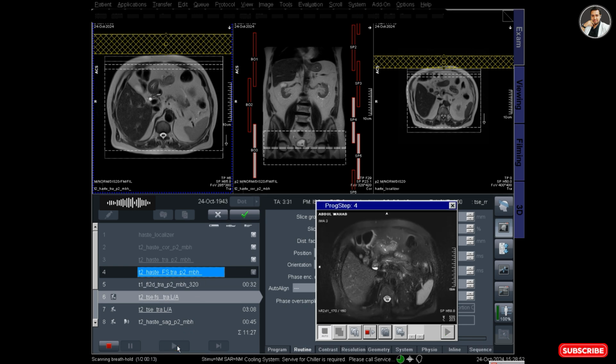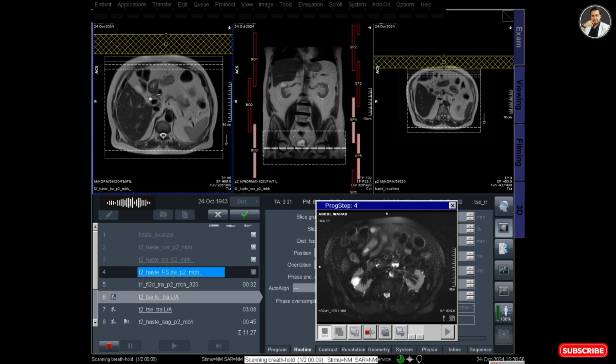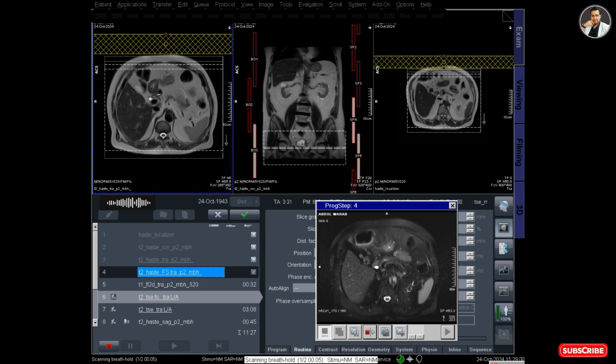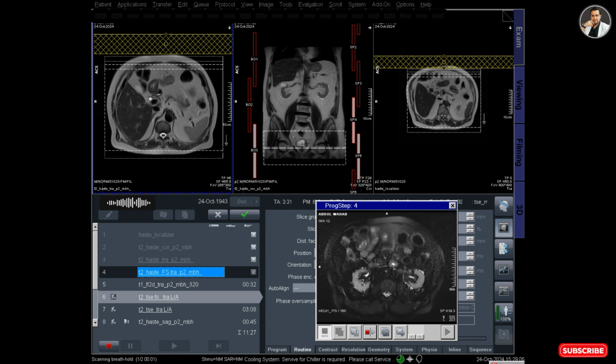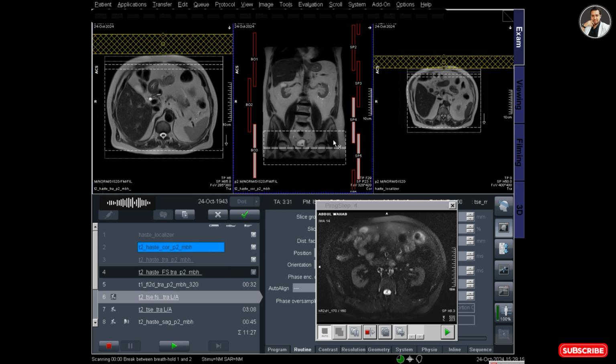Now T2 HASTE fat set axial is running, after I tell the patient to hold his breath. And this is the first breath hold, and now it's a break for the second breath hold.